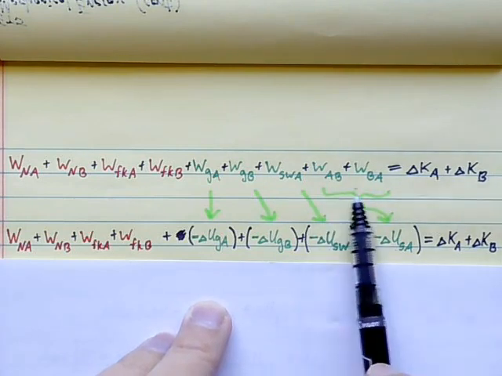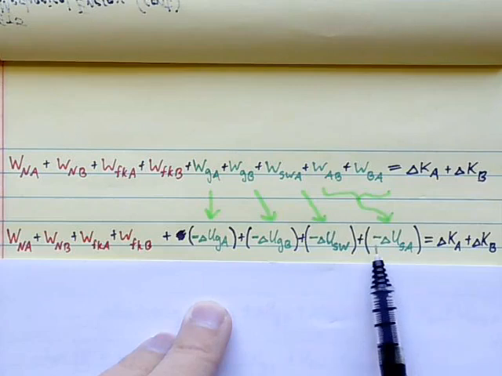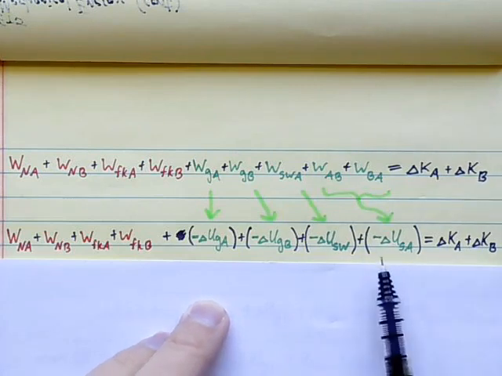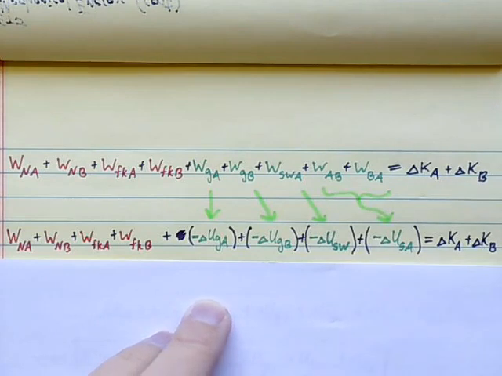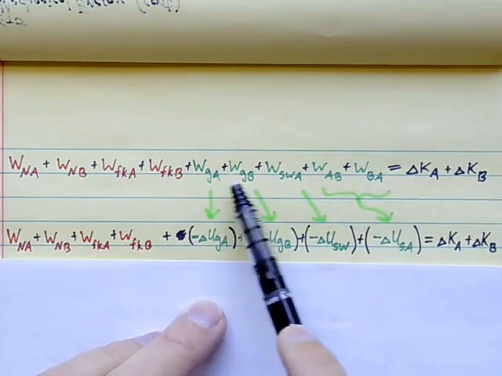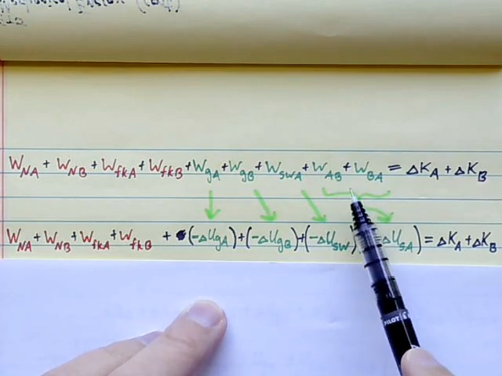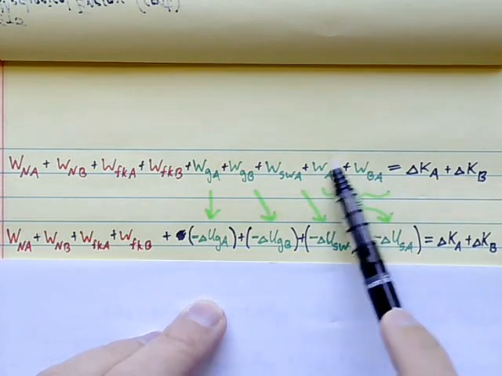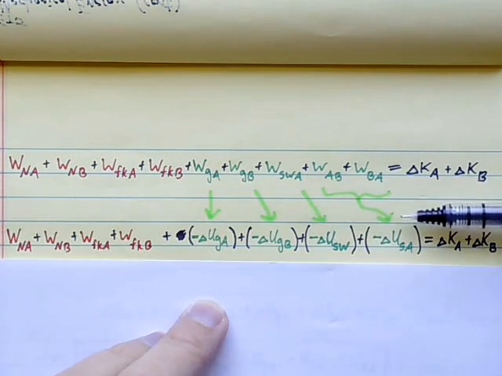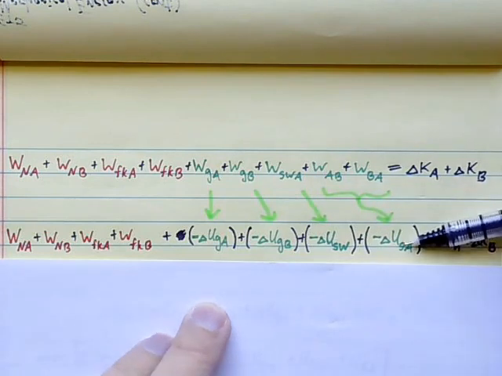It's the sum of those two works that equals the opposite of the change in the spring potential energy for that spring that's that bumper between A and B. So although we had 5 works done by 5 conservative forces, these two works together represent the transfer of kinetic energy to and from that one spring.